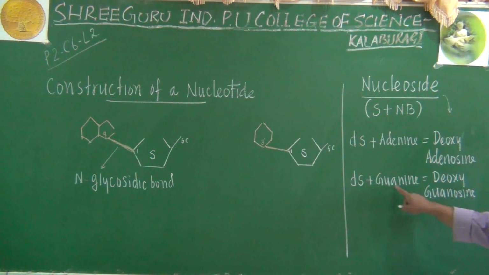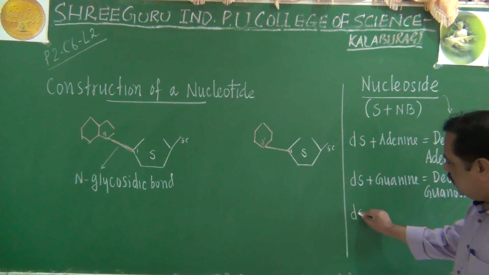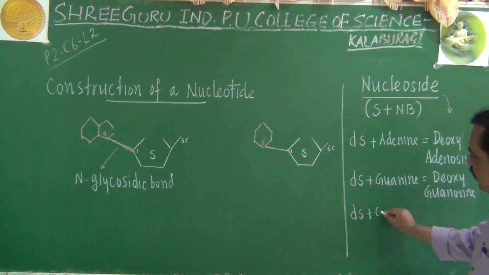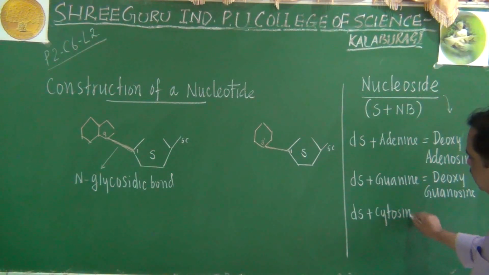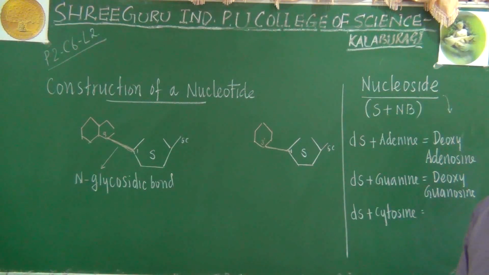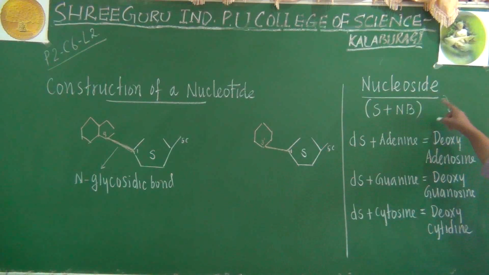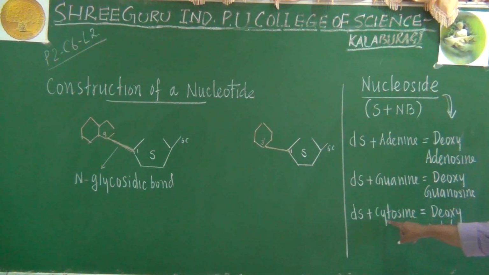One is deoxyribose sugar, another one is guanine base. Thirdly, imagine this deoxyribose sugar can join with cytosine base also. Yeah, pyrimidine I am drawing, because pyrimidine can also be found with the sugar molecule. Deoxyribose sugar plus cytosine will result in deoxycytidine, we can say. Cytidine, not cytosine, it is cytidine we are writing, that is a nucleoside. Whereas cytosine is a base, this cytidine is a nucleoside.